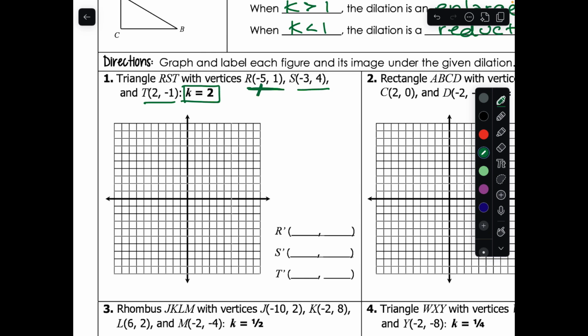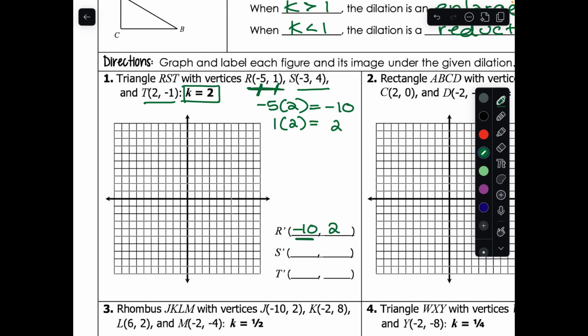So to find our x coordinate in R prime, we do -5 times our scale factor of 2, which gets us -10. So that's what we write here for R prime's x coordinate. And then our y coordinate is 1, we multiply that by our scale factor again to get 2. So for R prime, we have -10, 2.